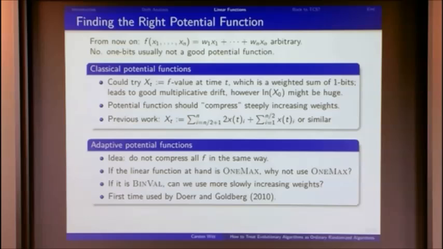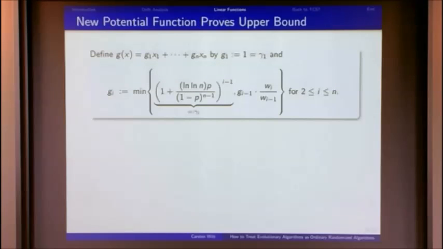So the new potential function follows this idea, and looks roughly like this without explaining the details, but it has some exponential component, but the base is much smaller than 2. And it also has a component that allows us to obtain 1 max as a potential function if the linear function is 1 max.